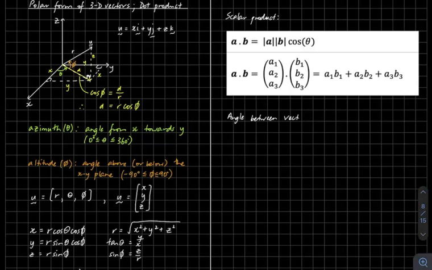If we rearrange it to find the angle between vectors, particularly in three-dimensional form, we could say cos theta is going to be the result of the dot product divided by the product of the magnitudes.